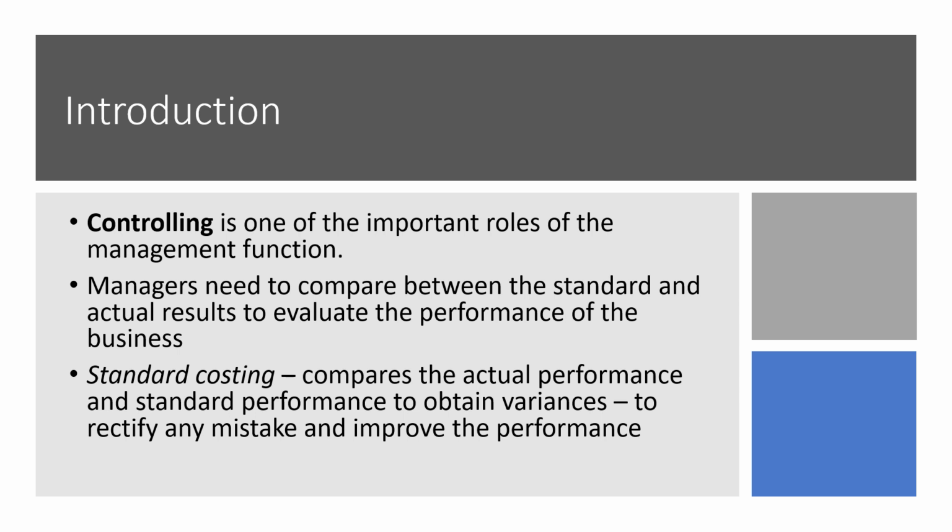Identifying and analyzing these variances helps managers rectify mistakes, so they can address any issues that may have caused cost variances, and also improve performance, which is to implement corrective action to enhance future performance. Controlling helps managers ensure that the business is on track to meet its objectives and allows for timely interventions to correct any deviations.